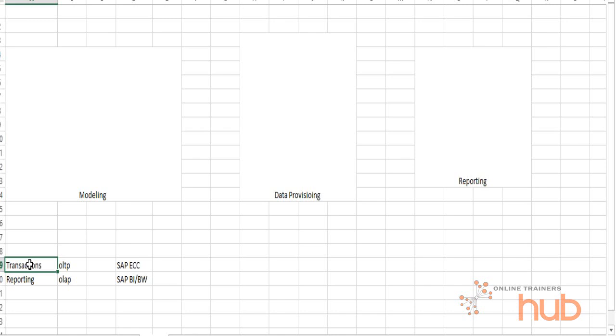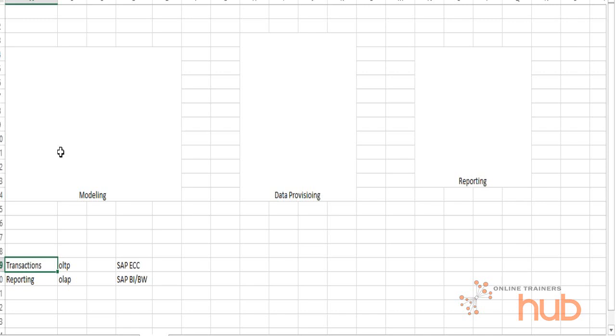So HANA is a hybrid database that can store both transactional data along with analytical data.